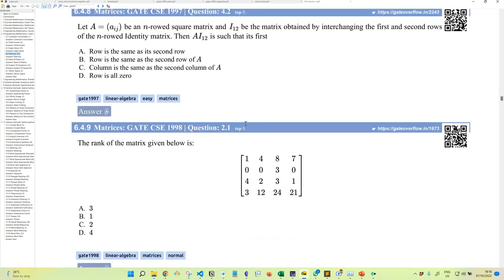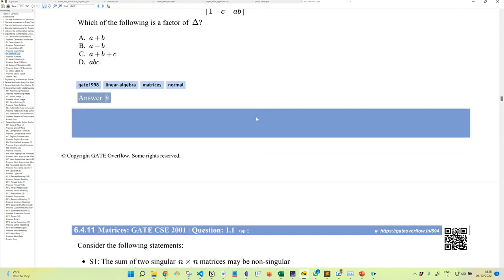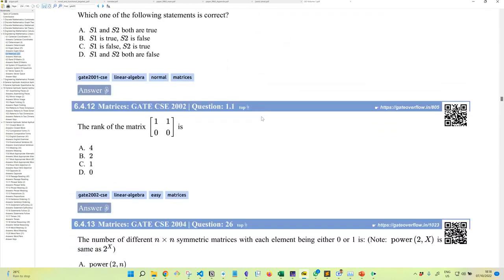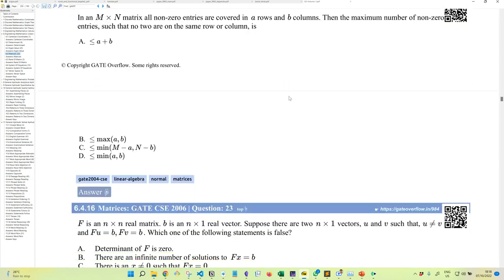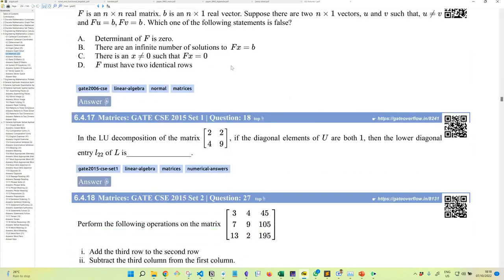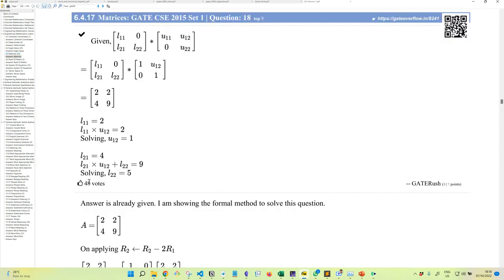Sorry, I think I'll just take 2 minutes in finding the solution, and then we'll move on to the next question. Sorry for wasting your time. Yes, 5. You got the solution, right? It is matching.